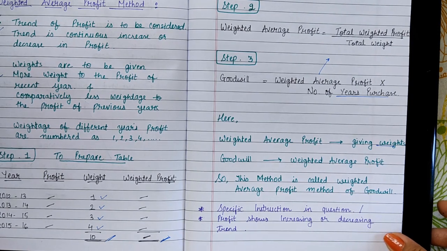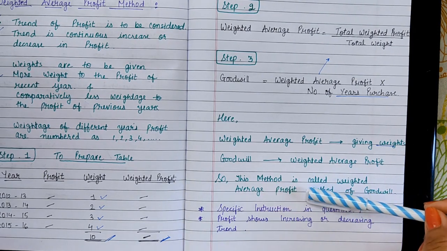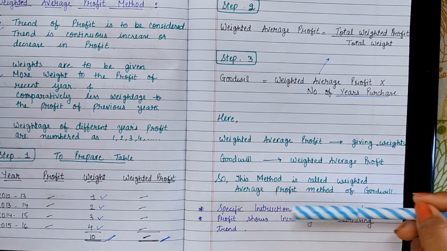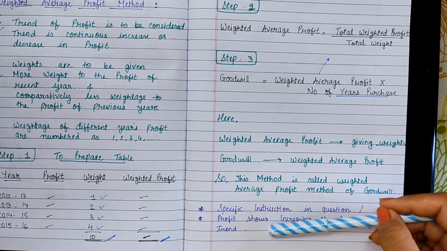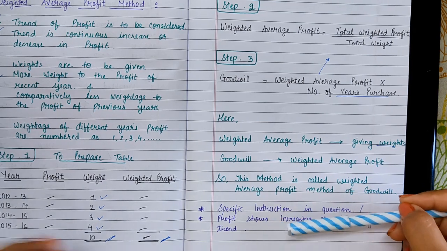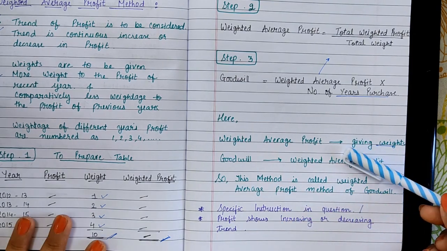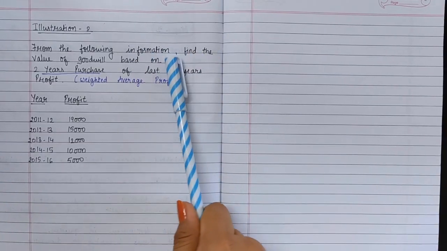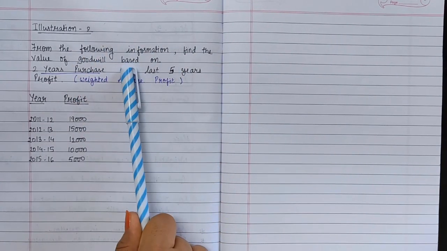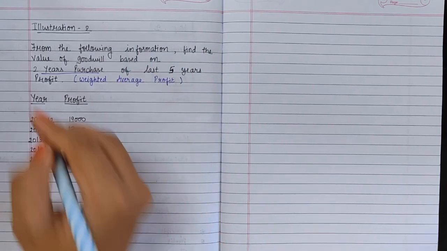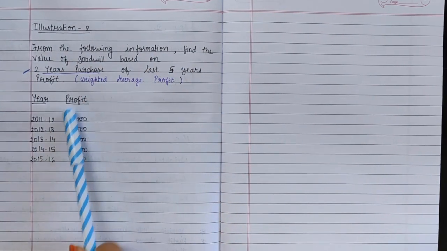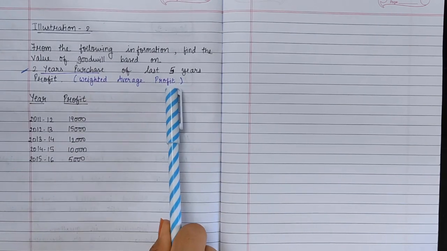For such kind of sum, there will be specific instruction in your question, or in the question profit shows an increasing or decreasing trend. Only in these circumstances you have to apply this method. From the following information, find the value of goodwill based on 2 years purchase of last 5 years profit with weighted average profit method.